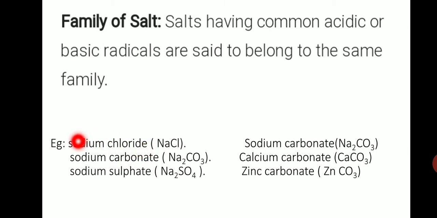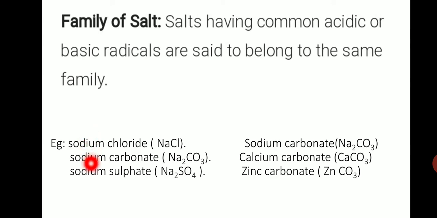Then you will understand. Here I have written some salts: sodium chloride, sodium carbonate, sodium sulfate. What is the common factor in these three salts? Can you mention? All are sodium. That means they are sodium salts.